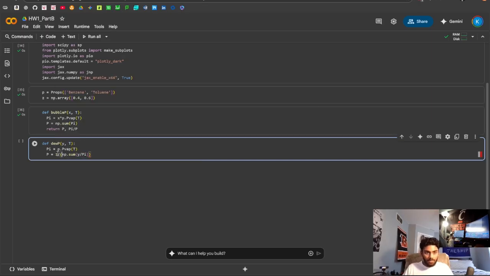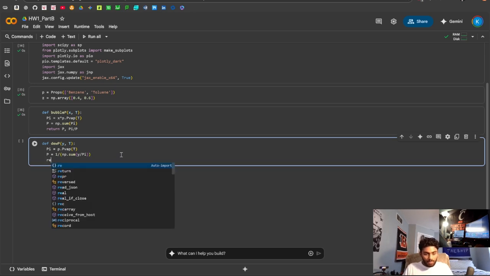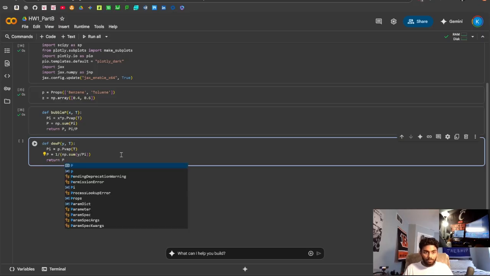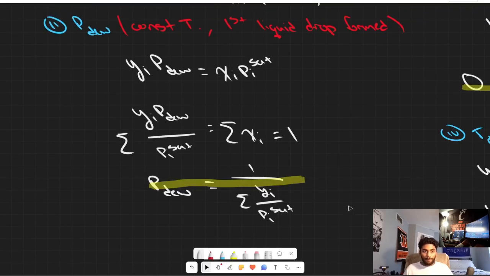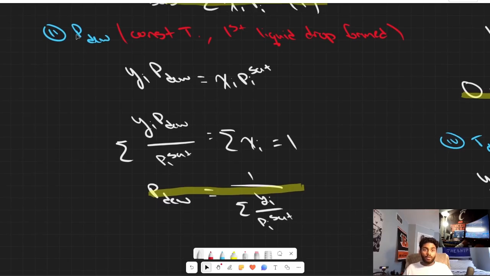Over this, just to make sure that we're doing the right thing. And now what we want to return is, of course, our dew pressure. And we also want to return the vapor phase mole fractions that we can grab. Or sorry, we want to return the liquid phase mole fractions.